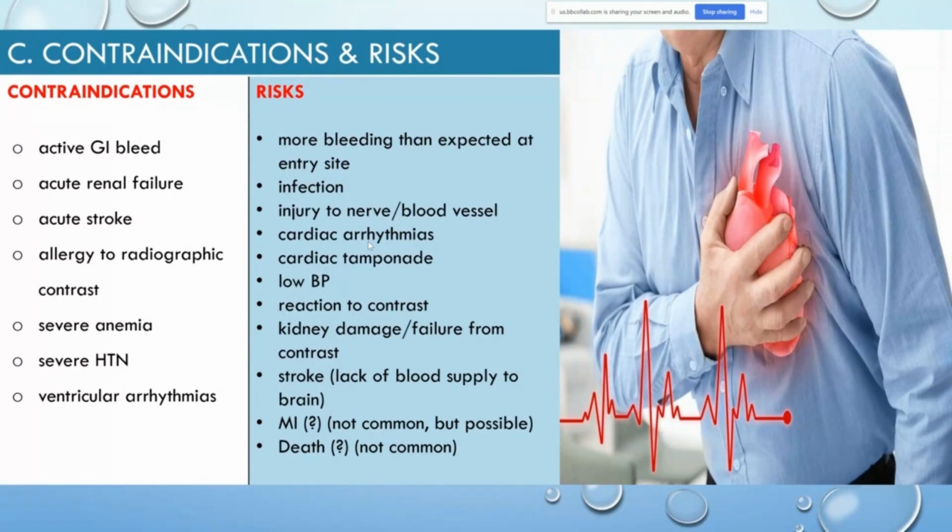That's when the heart fills with fluid in the pericardium, and it starts to apply pressure on the heart. The person could have low blood pressure. They could have a bad reaction to the contrast agent, which could damage their kidneys, and the kidney could eventually fail from that contrast. It could give them a stroke, and the person also has a potential to get a heart attack.